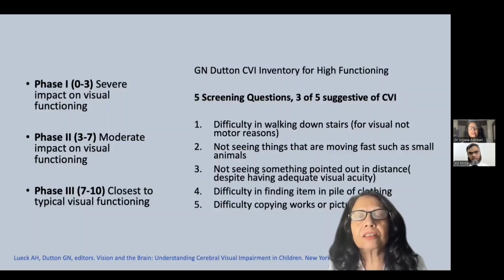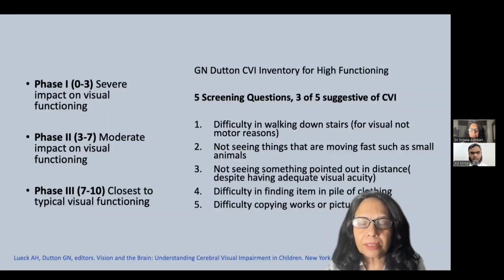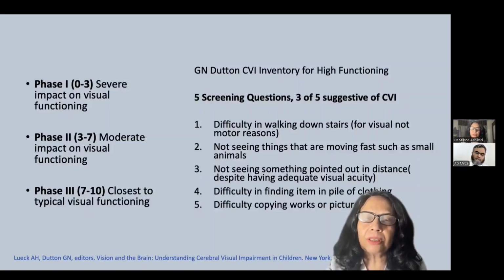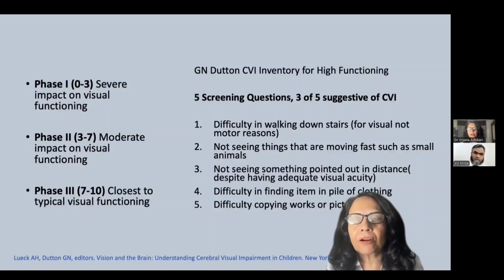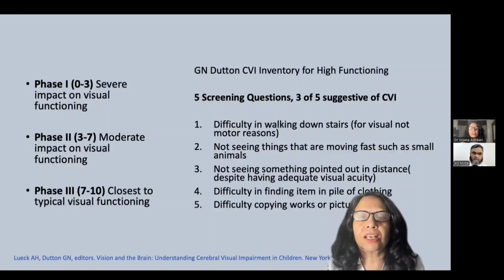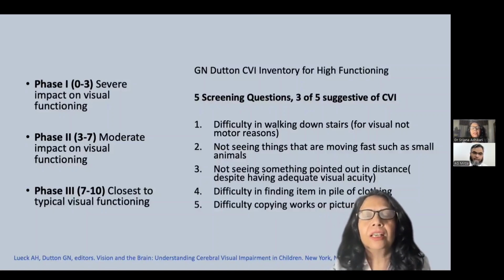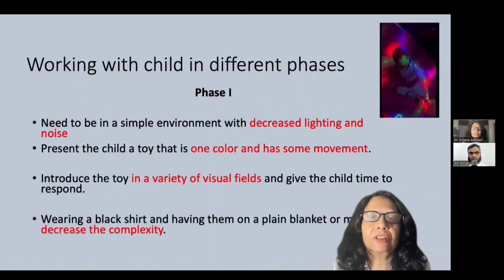So these screening questions can help us find out that children, even with good visual acuity, have a cortical visual impairment. These are another set of things that help us diagnose and categorize those children, and then customize the rehabilitation goals for them.